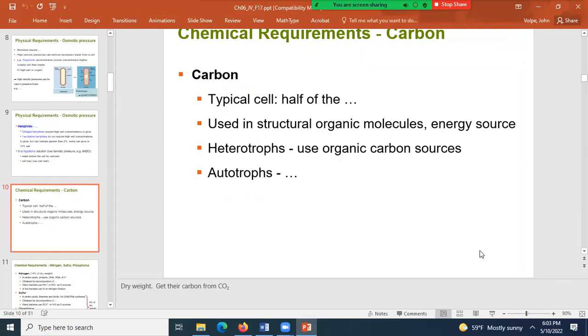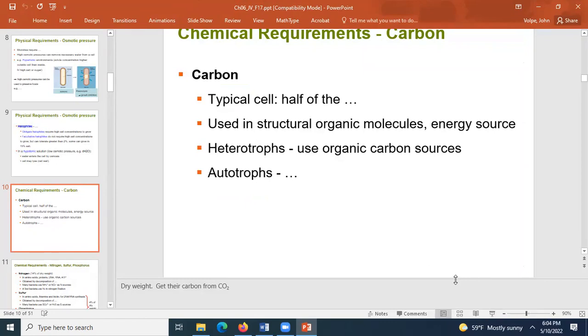All right. Another chemical requirement for living organisms is carbon. All living things require carbon. Typically, about half of the dry weight of cells or organisms is carbon.